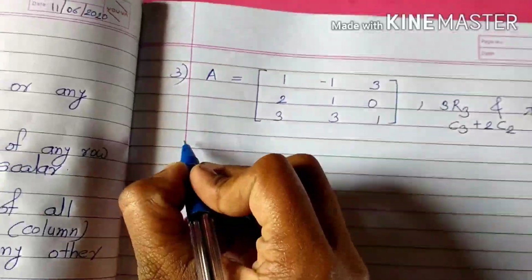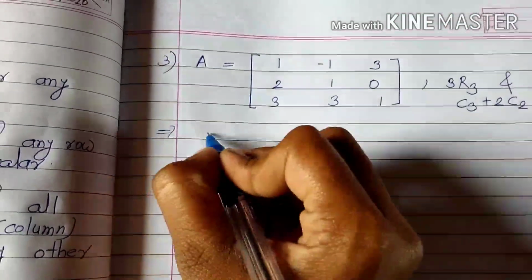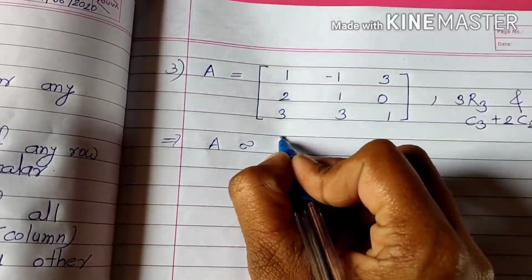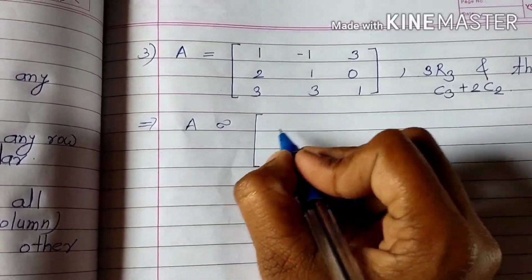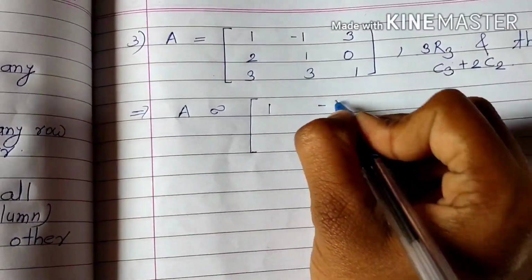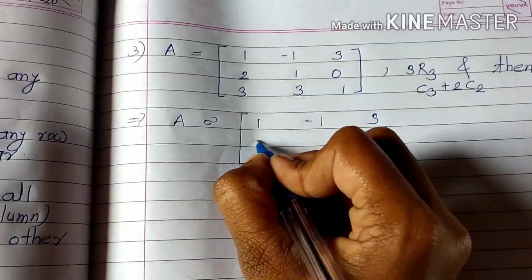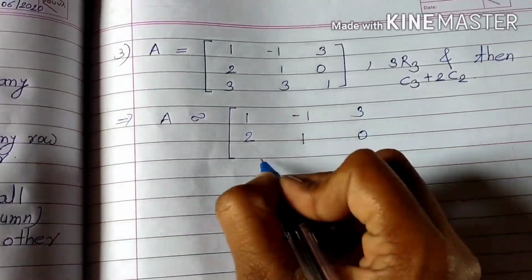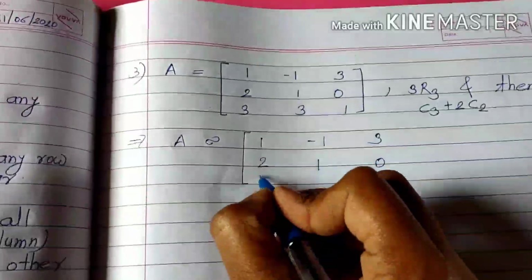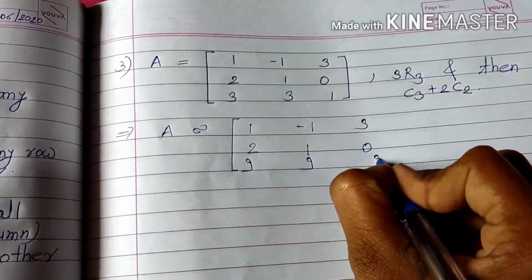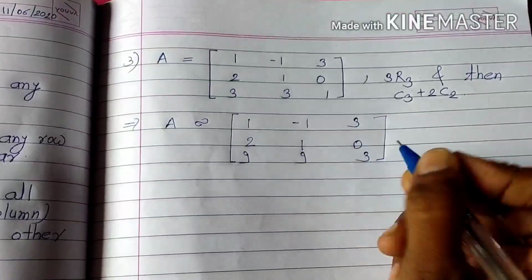So A is equivalent to, you have to change R3, so keep R1 and R2 as it is. Multiply 3R3, 3 into 3 is 9, and this is 3. So the first operation is done.